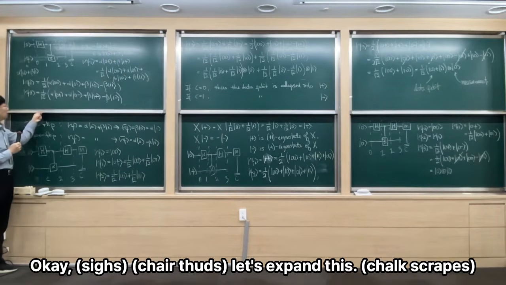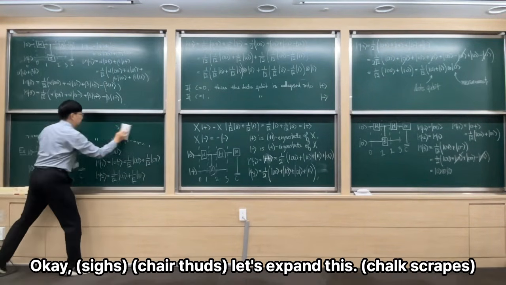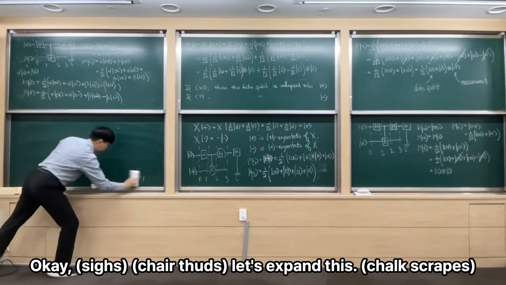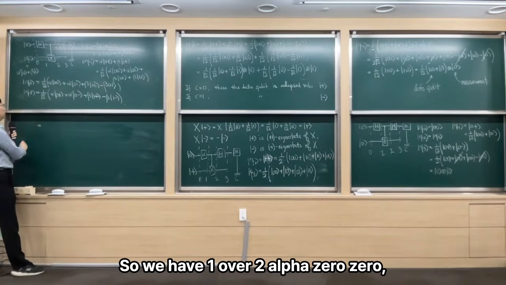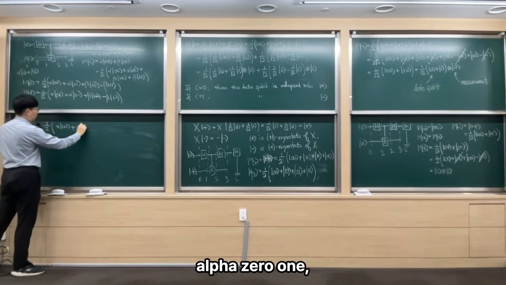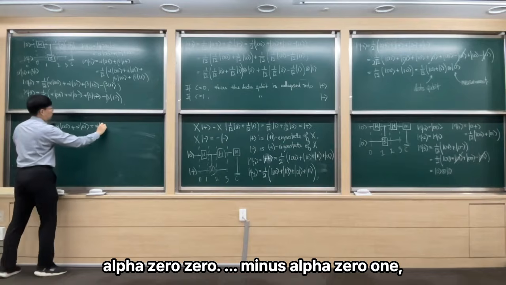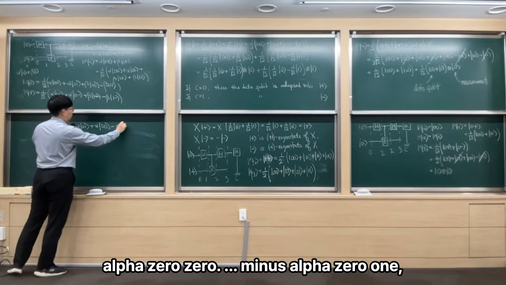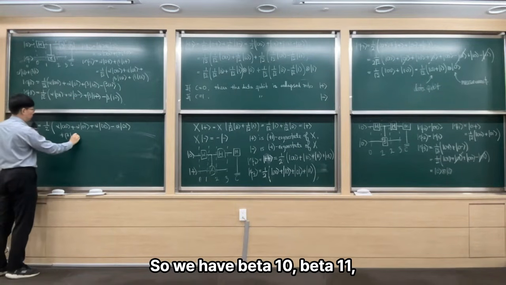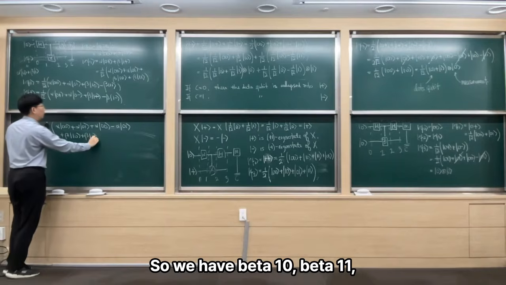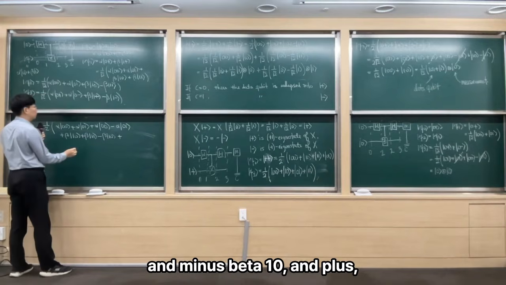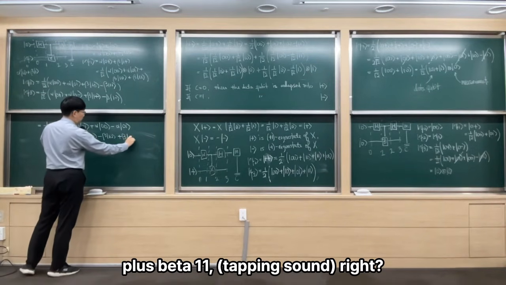Okay, so let's expand this. We have 1 over 2, alpha 0, 0, alpha 0, 1, alpha 0, 0, minus alpha 0, 1, up to this far. Then we have beta 1, 0, beta 1, 1, and minus beta 1, 0, and plus beta 1, 1.